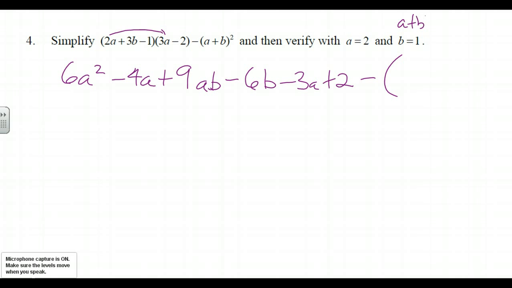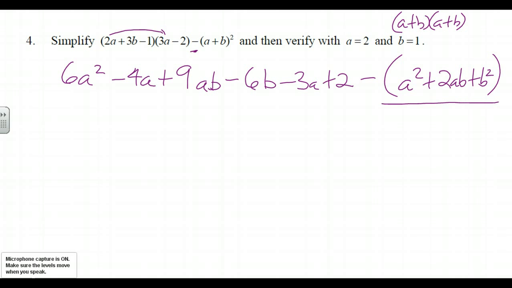We can do this up here, and you get a squared plus 2ab plus b squared. So that's what the quantity a plus b squared works out to. A really important thing here is, since it's being subtracted, this needs to be in brackets.